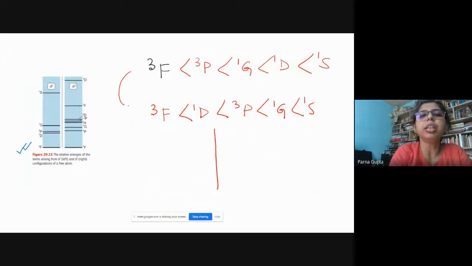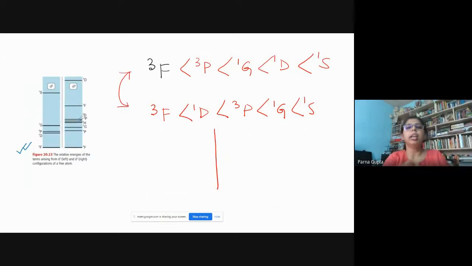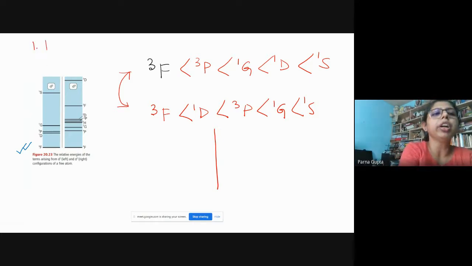This term change is for the inter-electronic repulsion within the free ion. So one thing is the free ion we were considering without any repulsion. Free ion means without any repulsion. Second thing, we are considering here the inter-electronic repulsion, right?